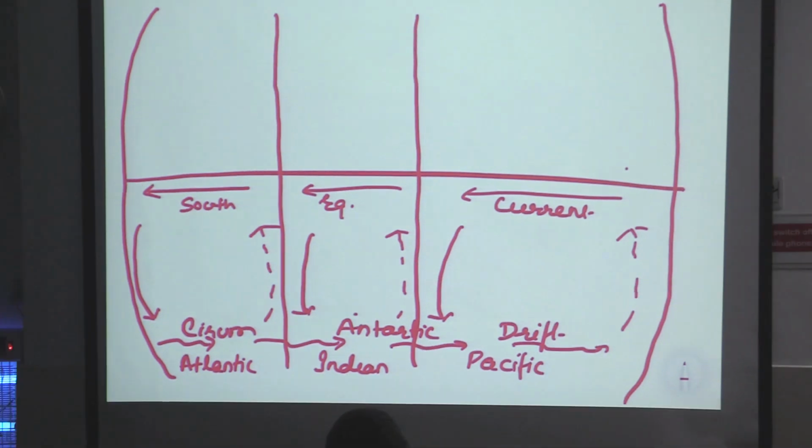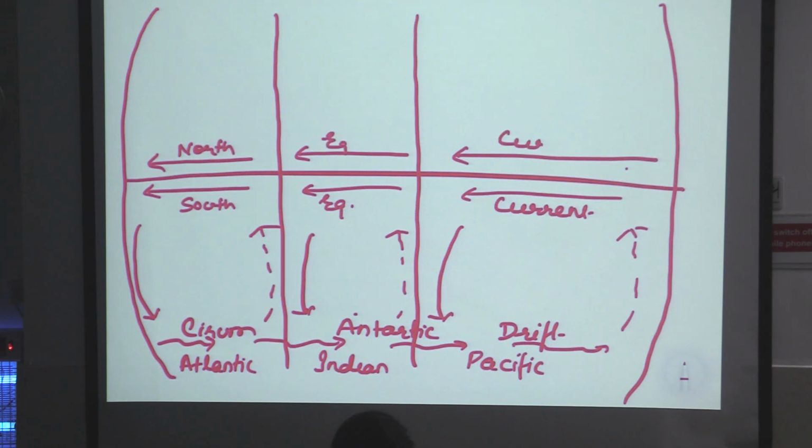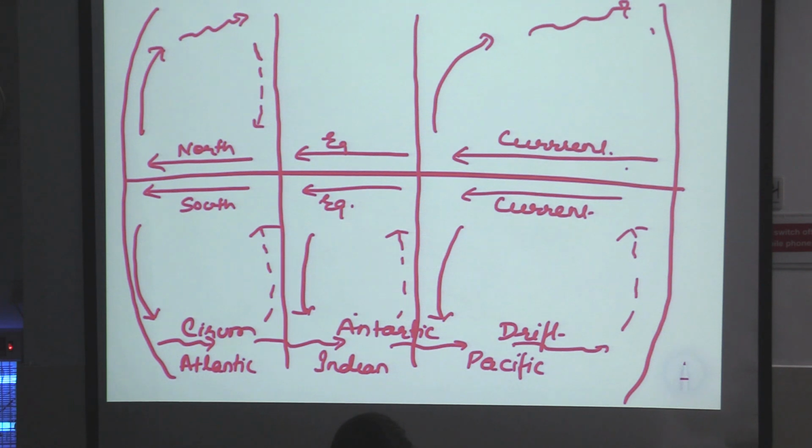I'll be labeling it in a while. North Atlantic, Northern Indian Ocean, Northern Pacific will have north equatorial current and also west boundary, east boundary, west boundary and east boundary.